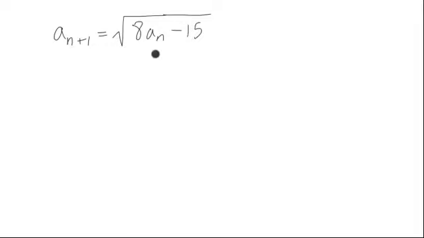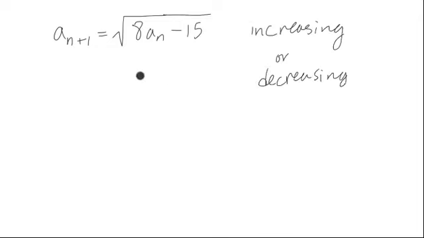This sequence right here, is it increasing or is it decreasing? What does that mean? That means as I go further in the list, are the numbers getting higher or are the numbers getting lower? And how can we tell?